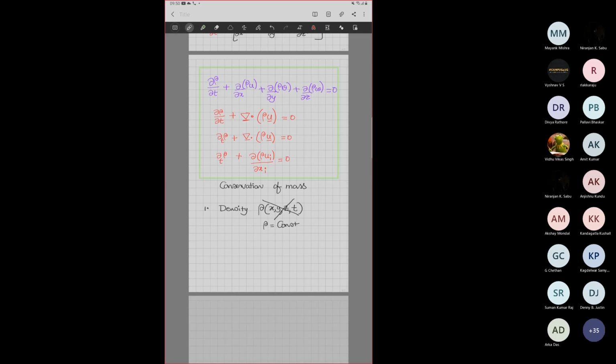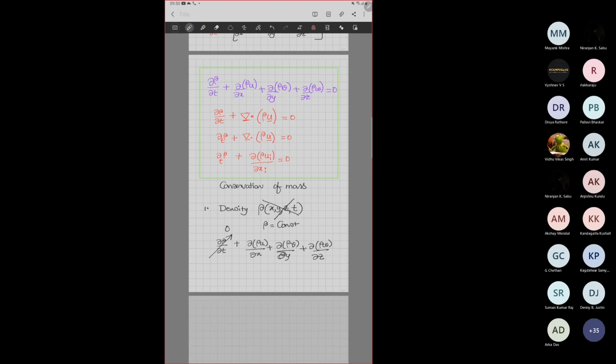Within this entire box, wherever I measure, I will be having the same density. In case it happens, in such kind of systems, this entire conservation of mass, del rho by del t plus del rho u by del x plus del rho v by del y plus del rho w by del z, is independent of time.